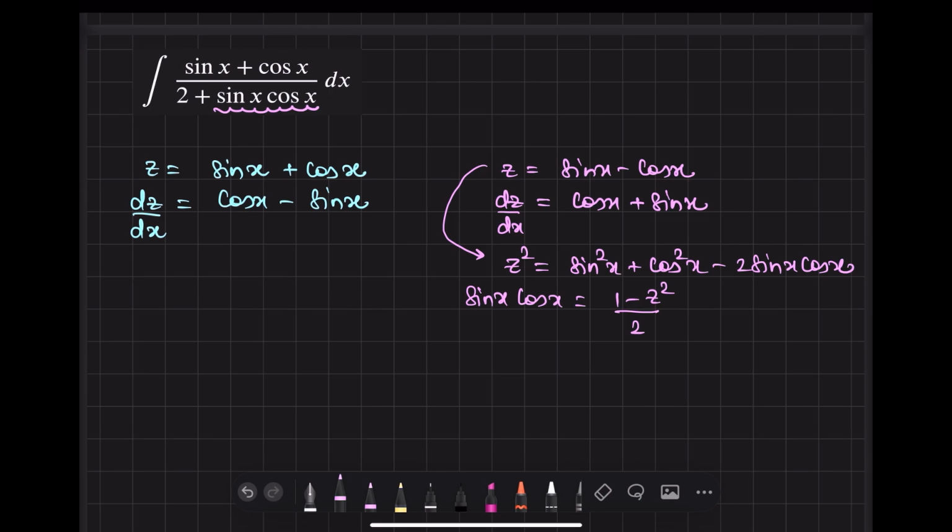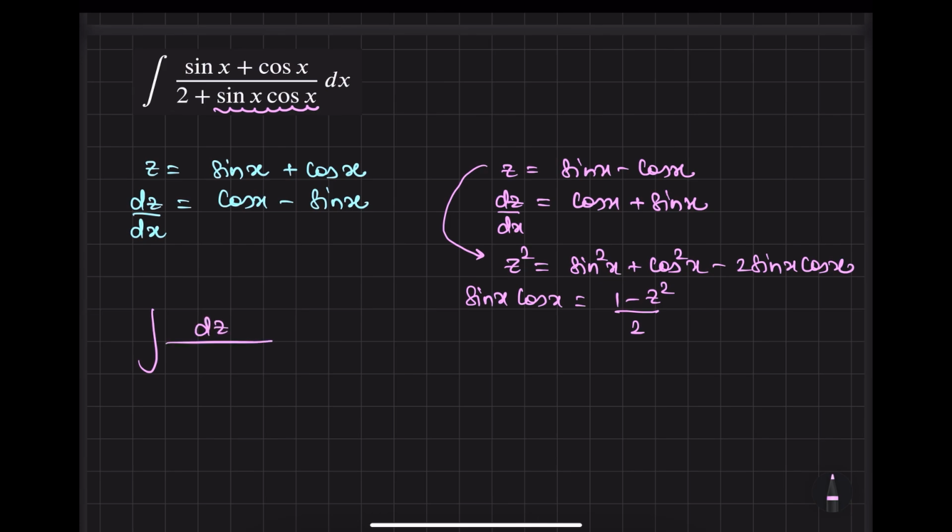Now do the replacements. So numerator directly will be replaced by dz, and the denominator will be 2 plus 1 minus z square by 2. So we will have 4 plus 1, 5 minus z square. So 2 times integration of dz by root 5 square minus z square.